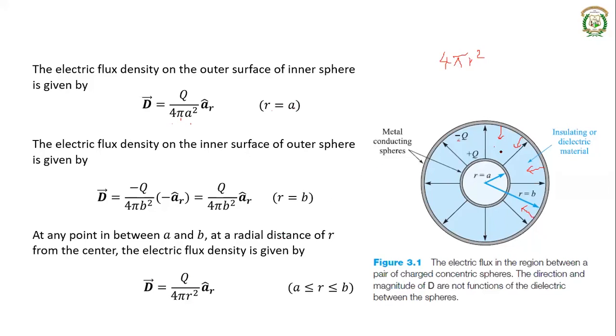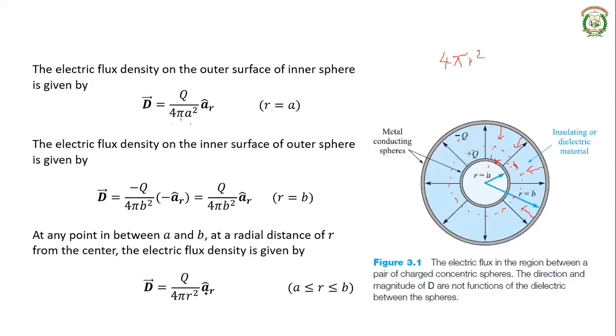If you imagine a sphere over here, its radius will be r, greater than a and less than b. So the area of that sphere will be 4 pi r square, right? So the electric flux density at any point r from the center, in between a and b, is equal to q divided by 4 pi r square into ar cap, right?